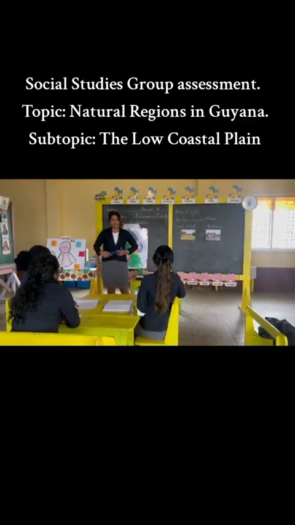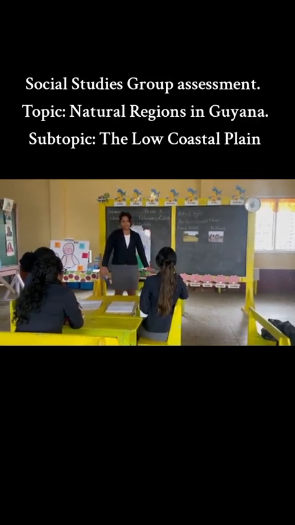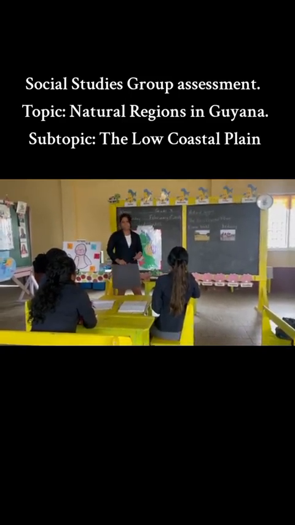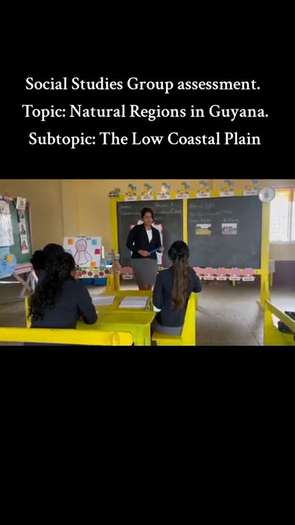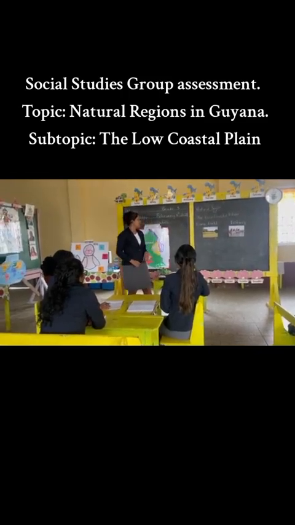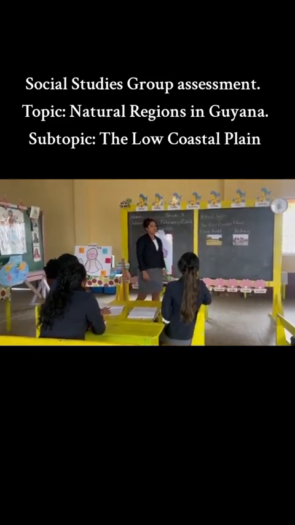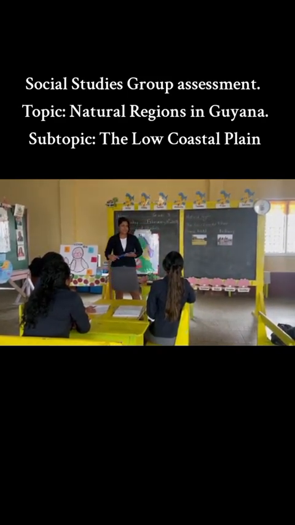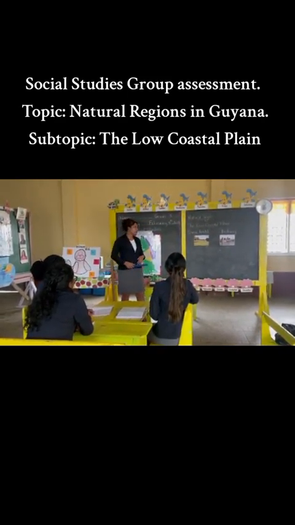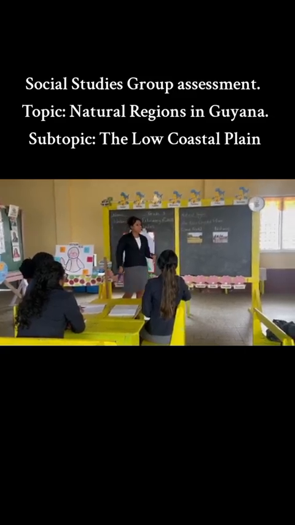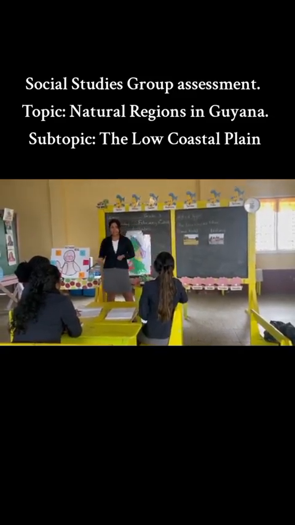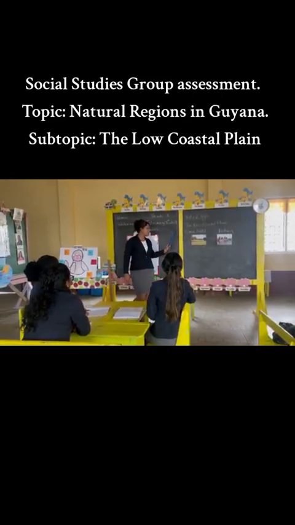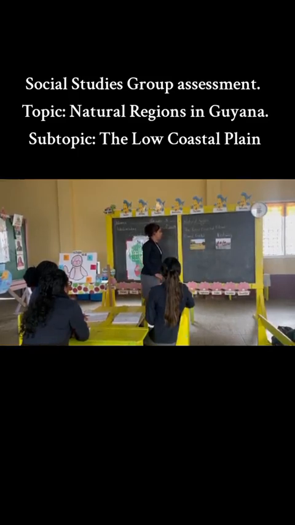Okay, before I go on to that, does anyone know of another human activity done on the low coastal plain? Alright. So on the low coastal plain, we also do cane field cultivation. There is a planting of sugarcane, right? Because the land is fertile enough and with the proper drainage and irrigation system, we are able to plant sugarcane on this land.